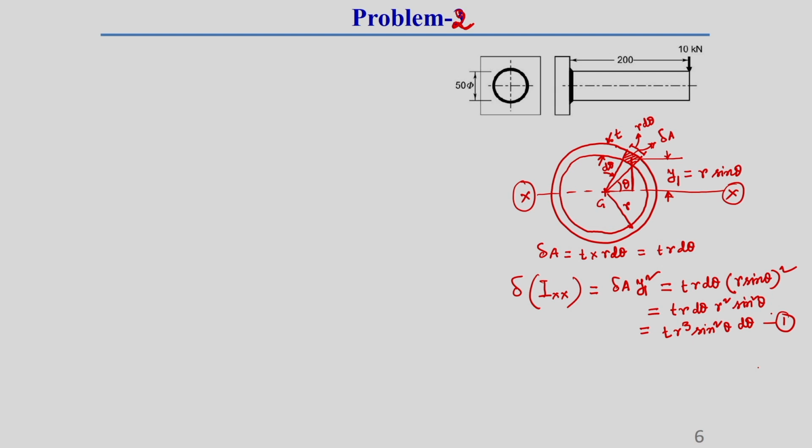So, here I am showing this thing. To find the total moment of inertia of this circular weld by the method of integration, how it is done, that I am going to show.